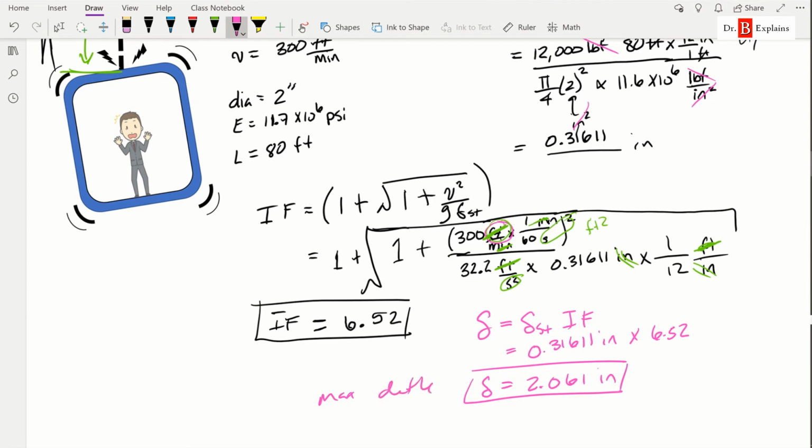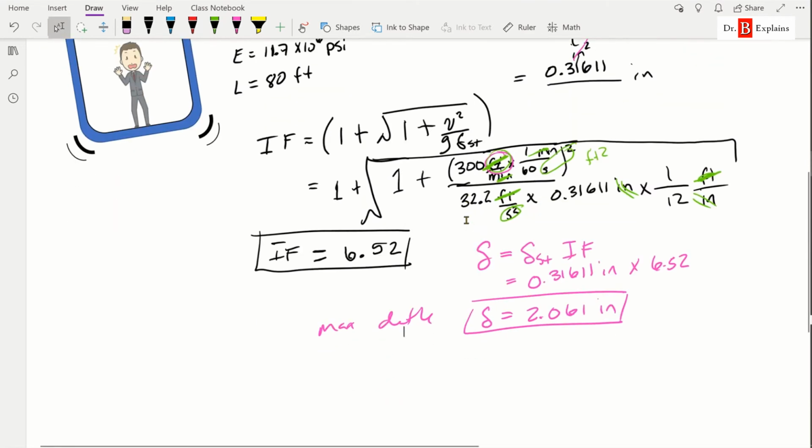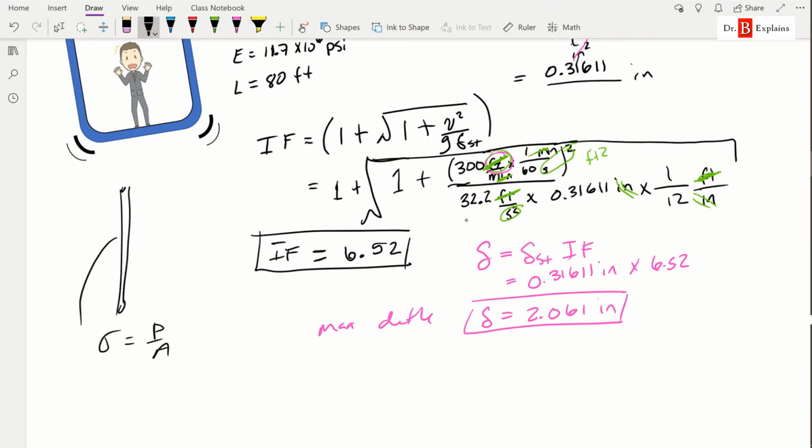Next thing we need to calculate is the maximum stress. We already hinted that we're looking at this wire rope like a very long cylinder. We know the axial stress on a cylinder is P over A. In this case, what is the load? The load is not the weight of the elevator. It's the weight of the elevator times the impact factor. So remember this formula over here.